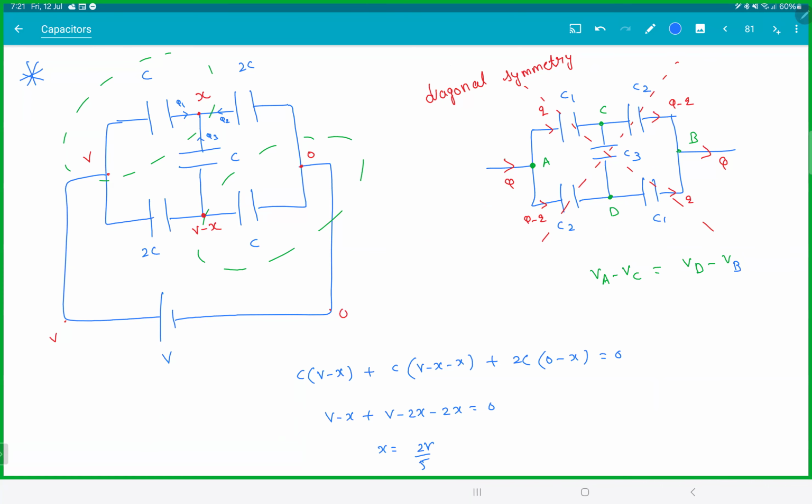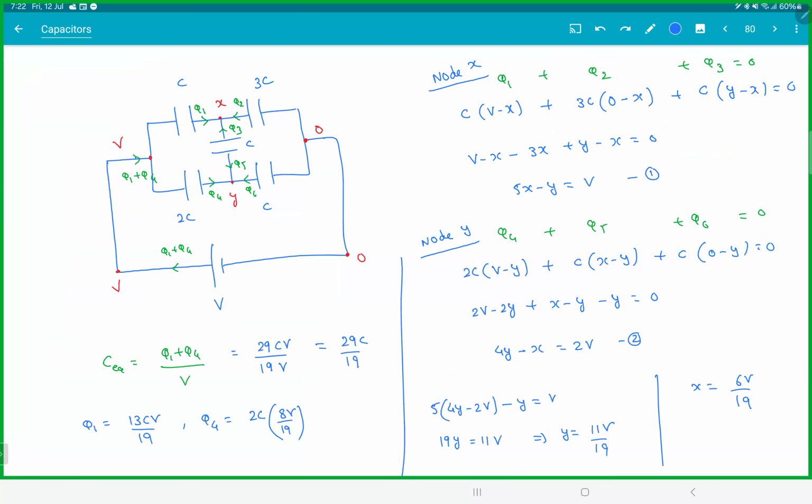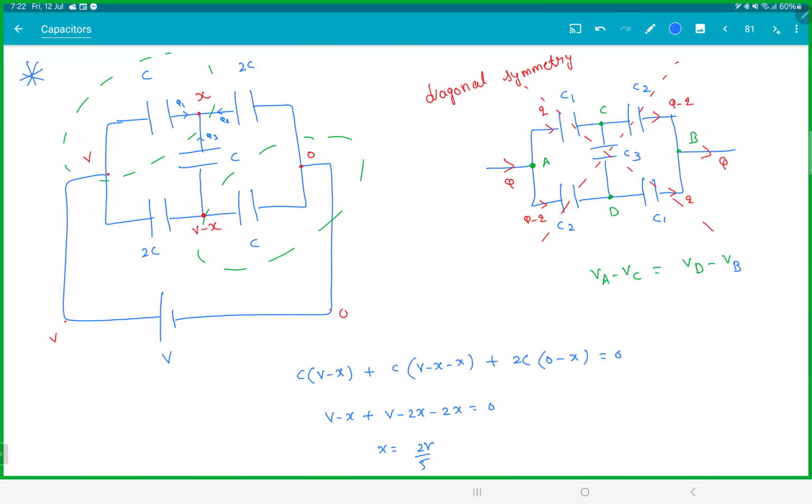Is this clear? If you have 2C, C, and C, 2C, it will make your life easy. You have to write only one node ka equation. If you have everything weird, then you have to write two nodes. That's why I said this. If you know this, you can handle. Sometimes in the exam you won't click, then fine, take X and Y and just solve. Like I said, this is really not a super symmetry or something. It doesn't make much sense.